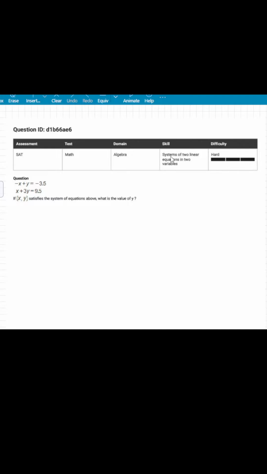So let us read it first and see what the question is asking. So we are given two equations, minus x plus y equal to minus 3.5 and x plus 3y is equal to 9.5. So we have two equations in x and y, and we are told to find the value of y. So let us solve these two equations.